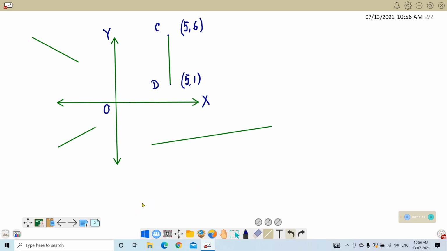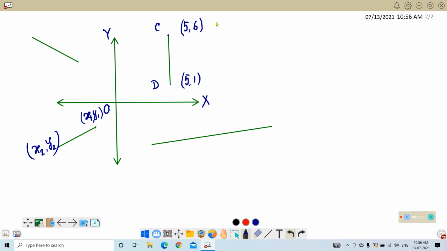In any quadrant, any point, suppose this is a point, and this point is denoted by x1 and y1, and this point is denoted by x2, y2.